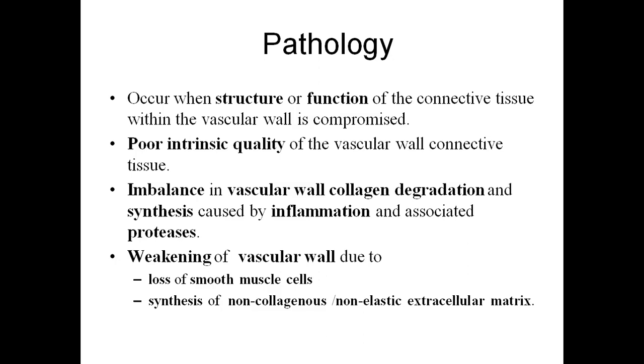Also, there may be weakening of the vessel wall due to smooth muscle cell loss and synthesis of non-collagenous, non-elastic extracellular matrix. So these are some of the reasons why the function or the structure of the vessel wall gets altered, and which eventually leads to development of aneurysm.